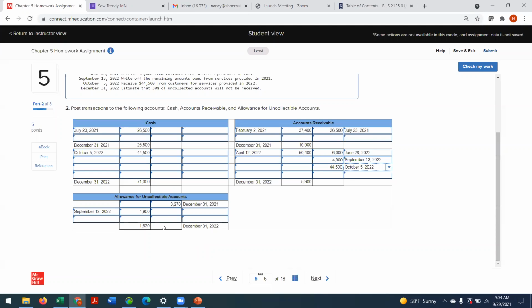So in order to make this balance 1,770, we need to show on December 31st, since we need this number to be 1,770, we'll need to write off whatever we can do to make this 1,770.